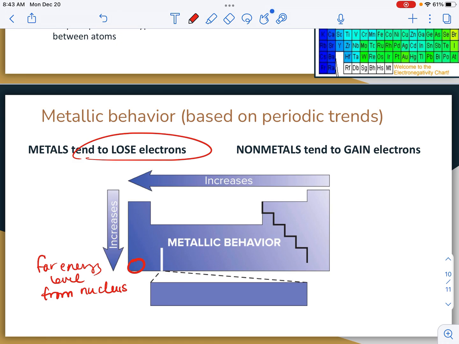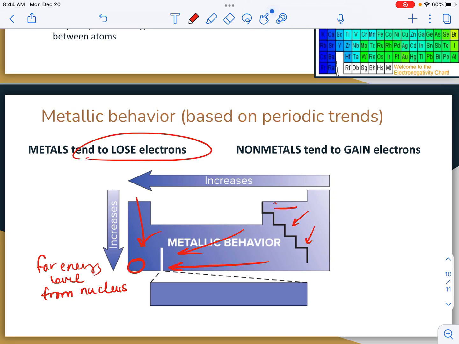What you'll notice is that within the metals, our metallic behavior increases in that direction, more likely to lose electrons because they are less electronegative, they have lower first ionization energies and less negative electron affinities, etc. The nonmetals, of course, have less metallic behavior, and it would decrease, basically.